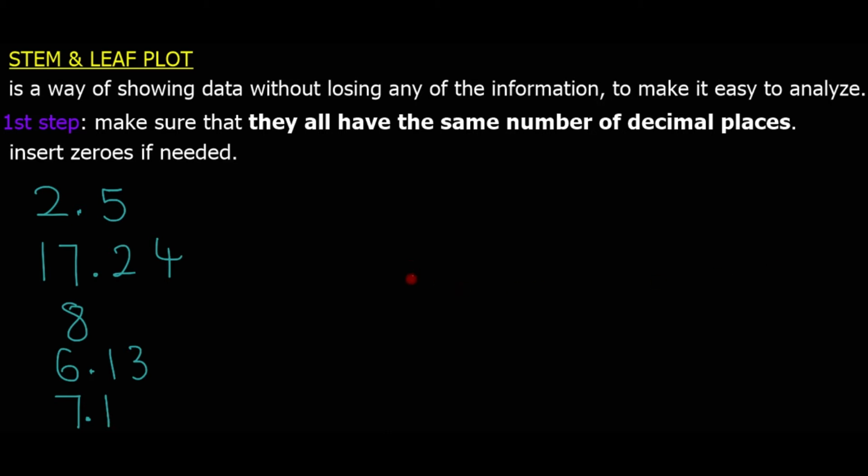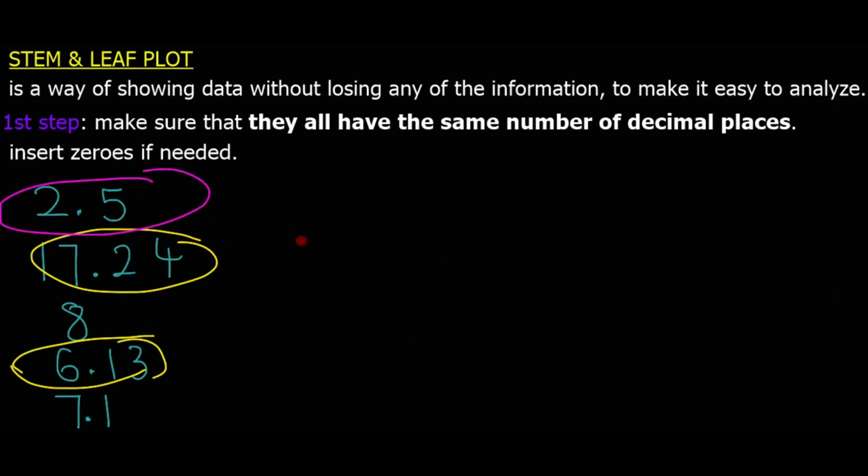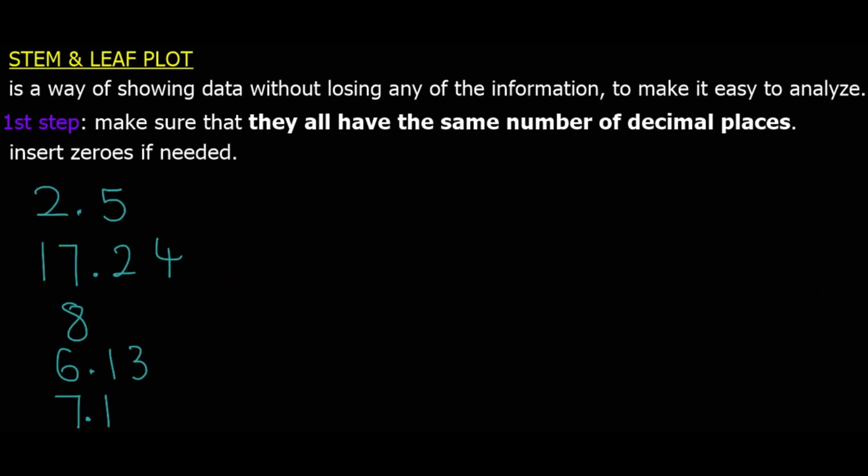These numbers are not in the same decimal places. This one is in 2 decimal places, and even this one is in 2 decimal places. But this one is in 1 decimal place, because after the decimal point there is a 1, and the same as this one. So we make sure all of these numbers are in the same decimal places.